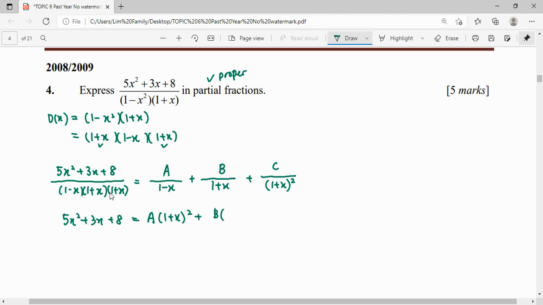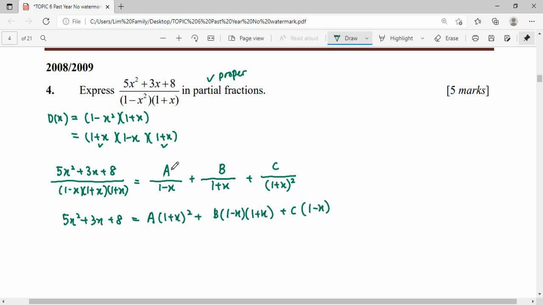For B, you will times 1 minus x and another 1 plus x. For C, you will times 1 minus x, as we can compare with the original full fraction here. The partial fraction is just one part of it, so we multiply with the part that it doesn't have. Like C, the part it doesn't have is 1 minus x, so we multiply with 1 minus x. So now we have an equation here.